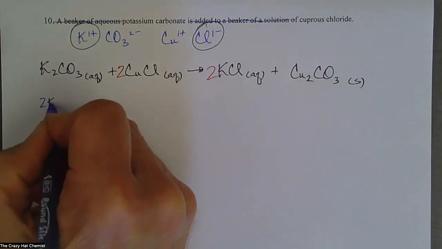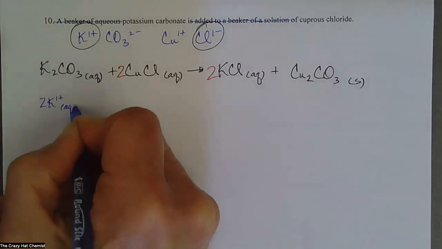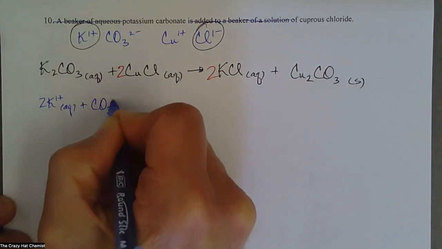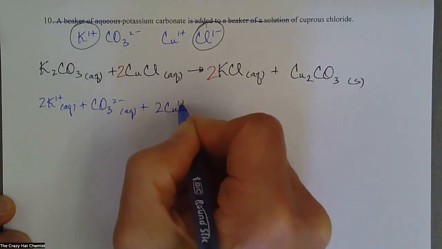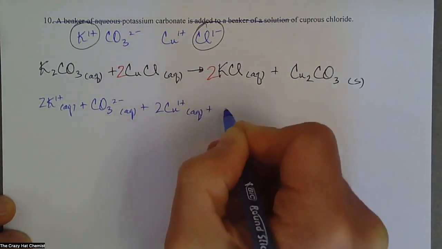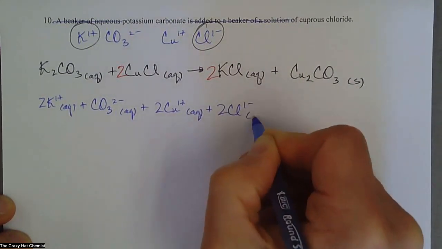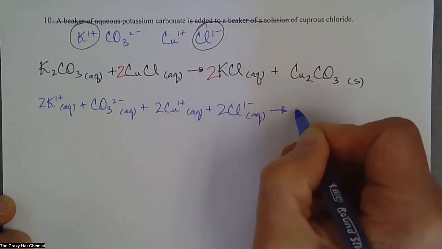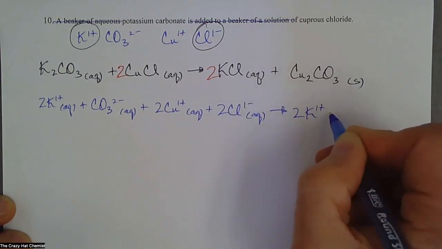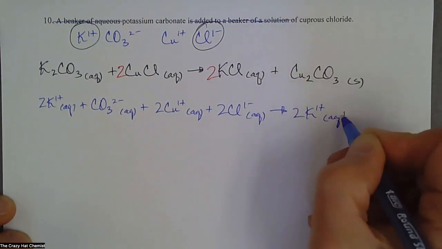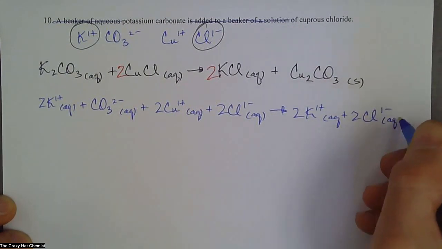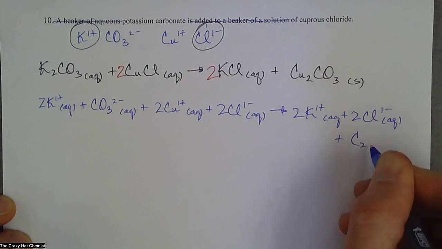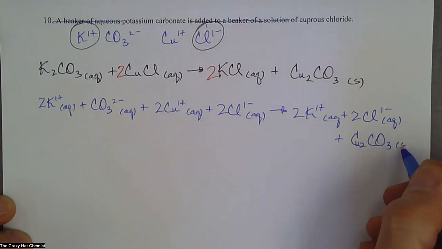So that's 2K+ aqueous plus CO3 2- aqueous plus 2Cu+ aqueous plus 2Cl- aqueous, yielding 2K+ aqueous plus 2Cl- aqueous plus Cu2CO3 solid.